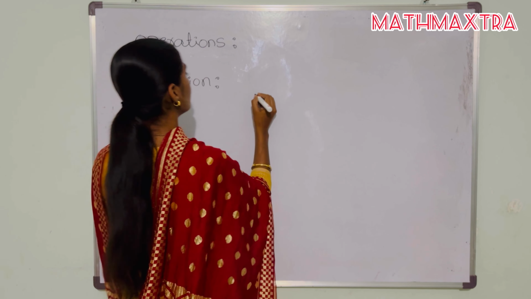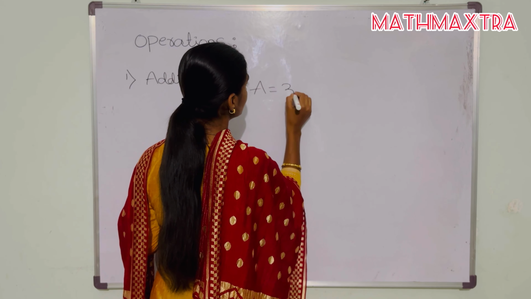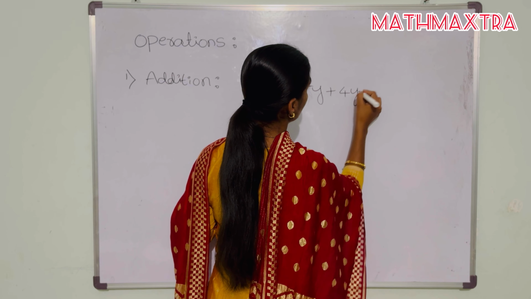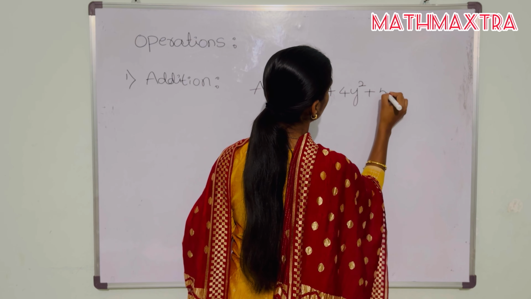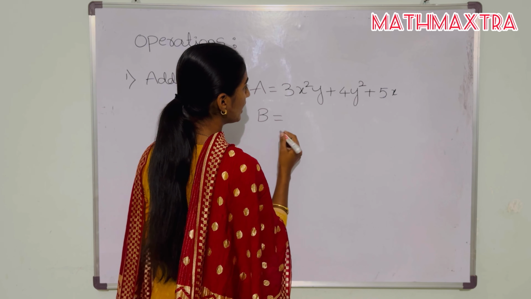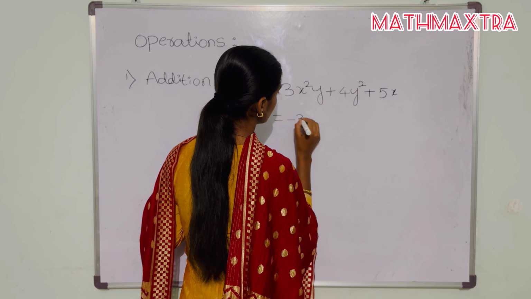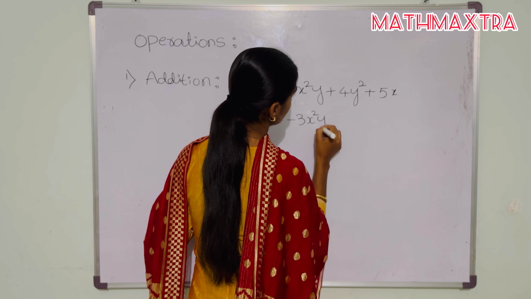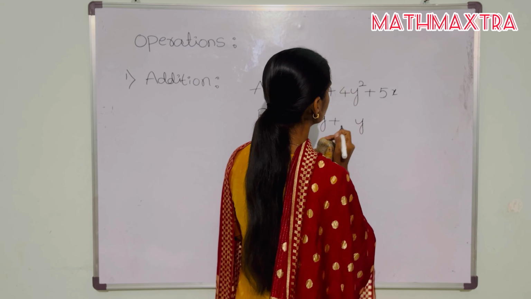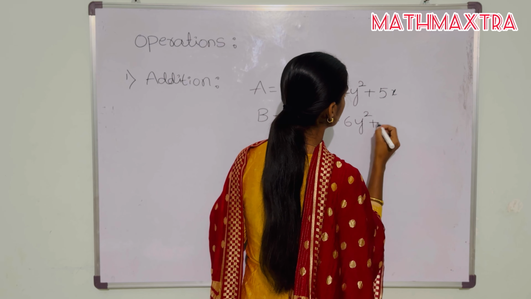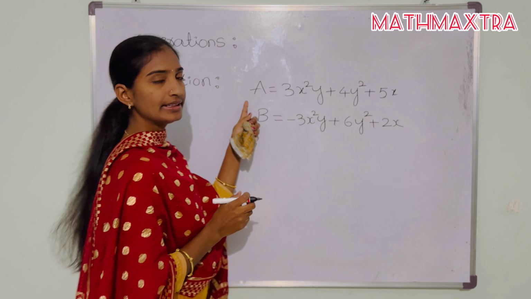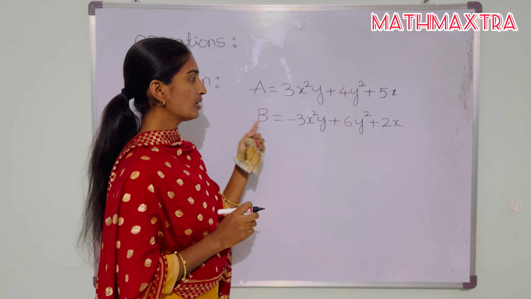I am taking one example, that is a is equal to 3x square y plus 4y square plus, and I am taking the b expression as follows. Now if you add these two expressions, what happens?